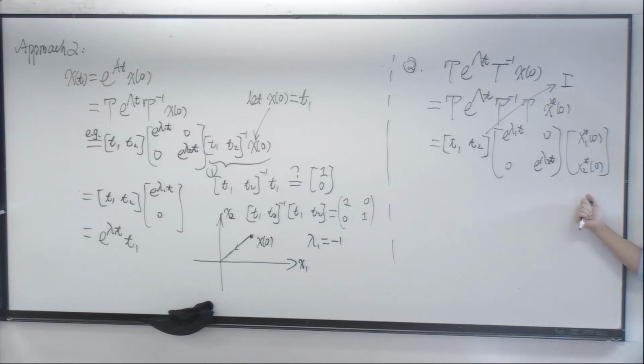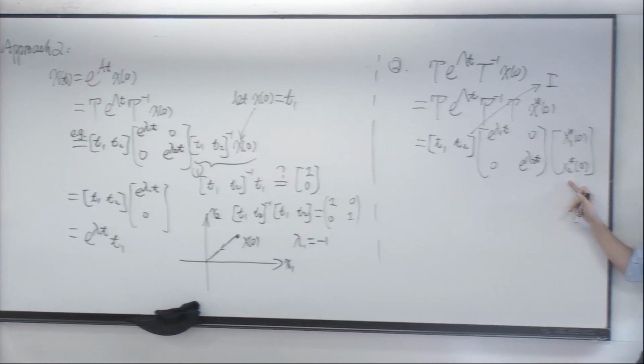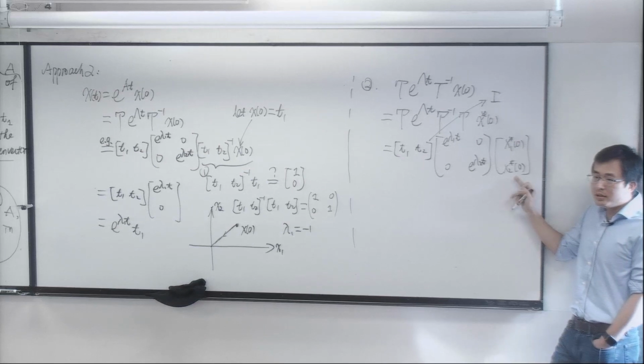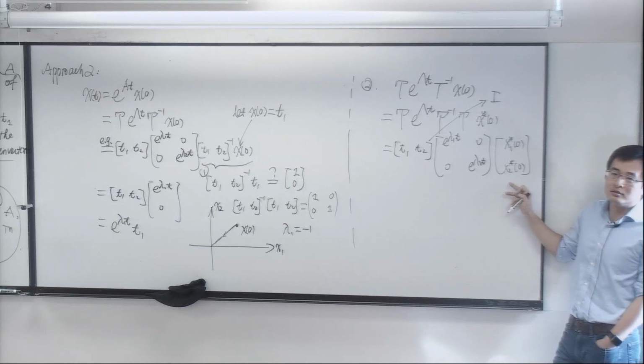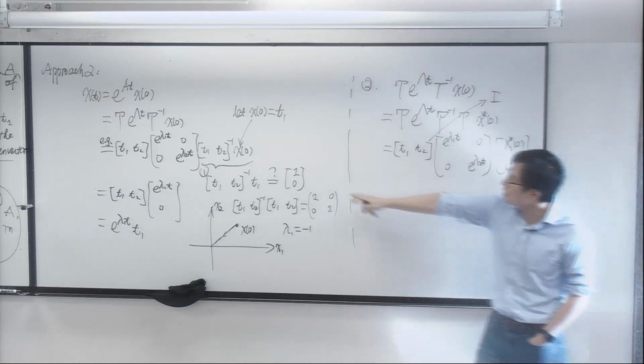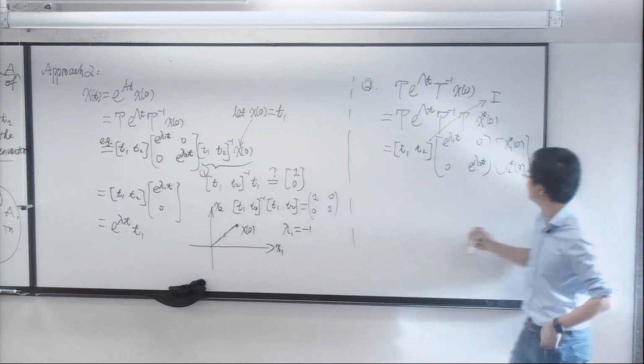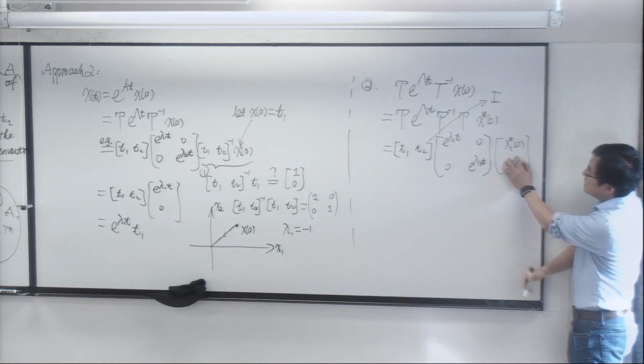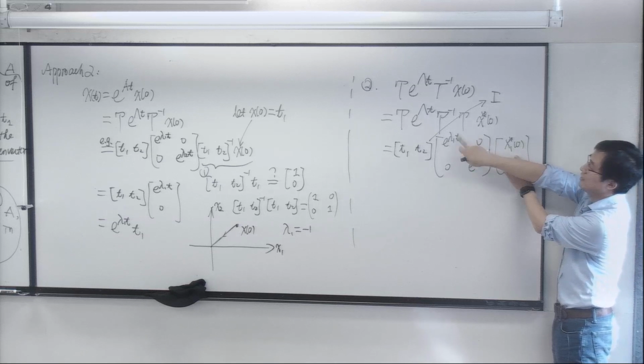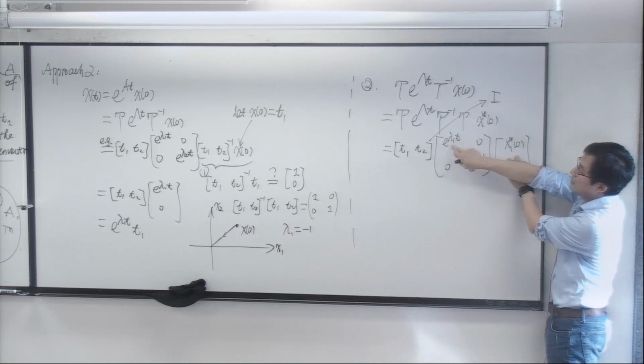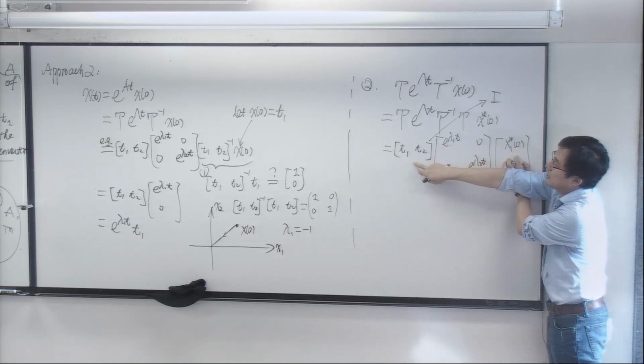From here, you can see a different meaning of the x star state, right? So if x2 star is 0, then you are picking the first column of this matrix, e^(λ1t), 0, and then multiply out, you get t1.